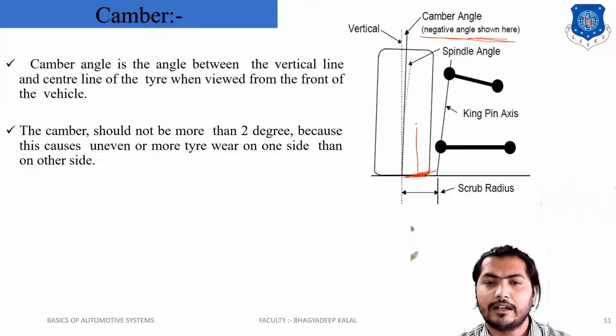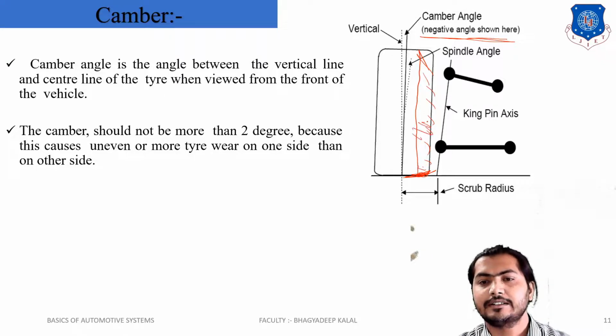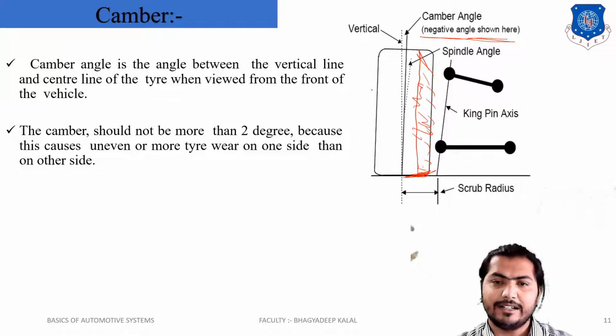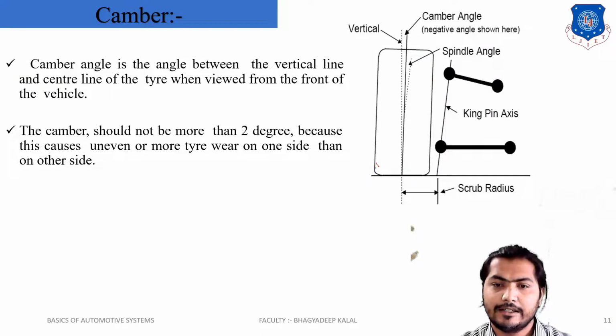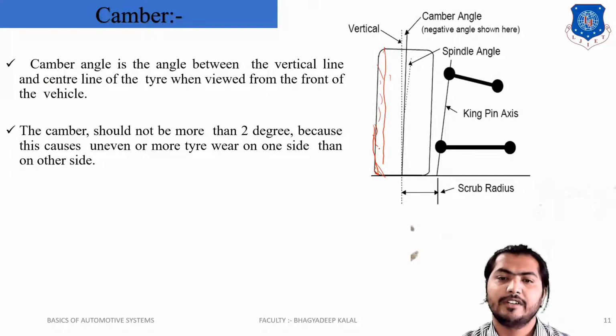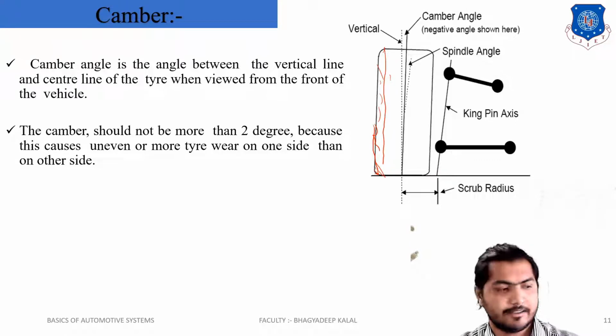The tire wears along this side, so more wear occurs in the inward direction. If it is a positive angle, more wear occurs here. This is the wear area when the camber angle is positive.